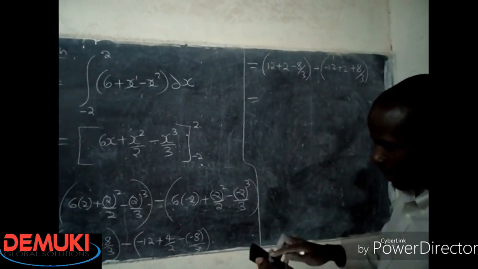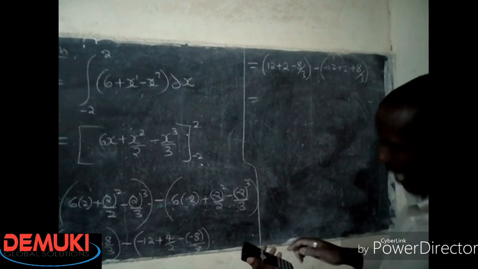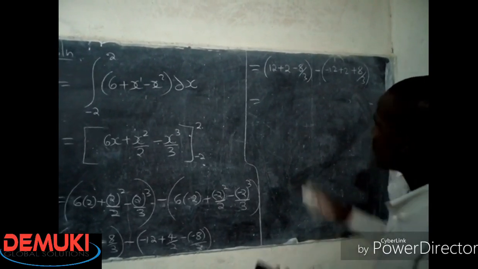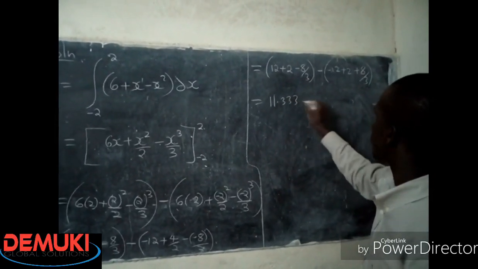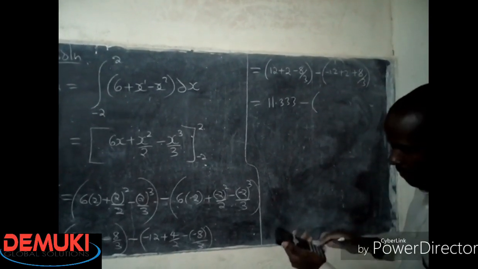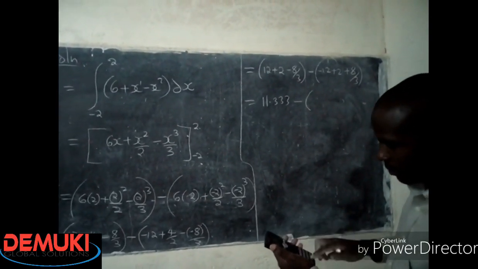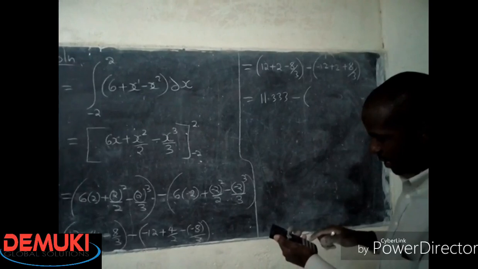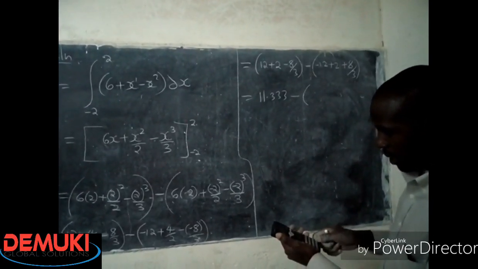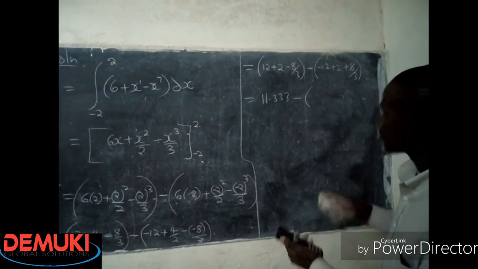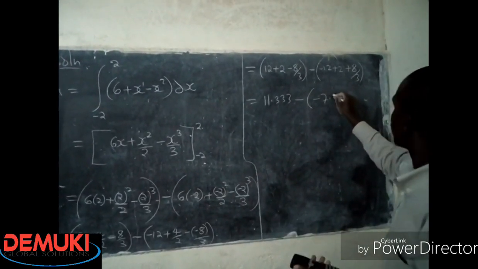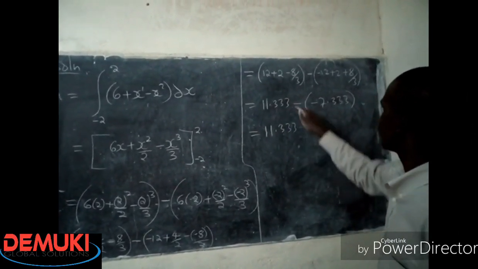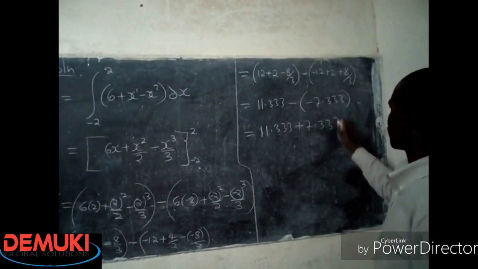This is 14 minus 8 over 3, which gives us 11.333. On the other side we have -12 plus 2, then plus 8 over 3, and this gives us negative 7.333.